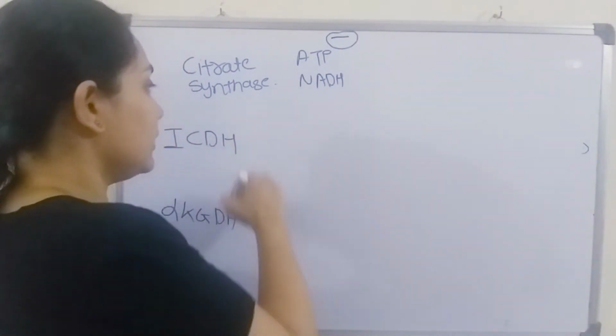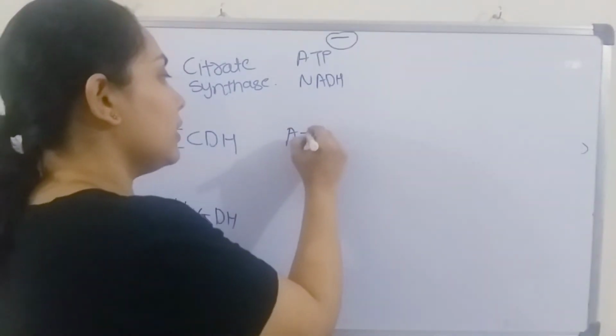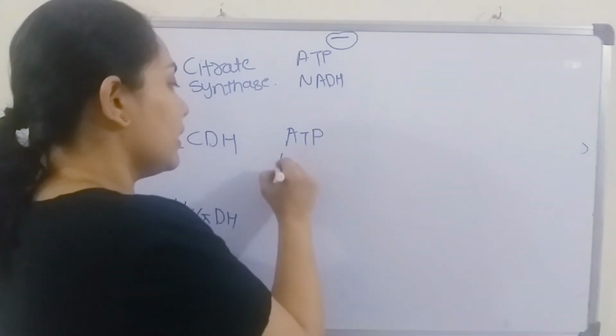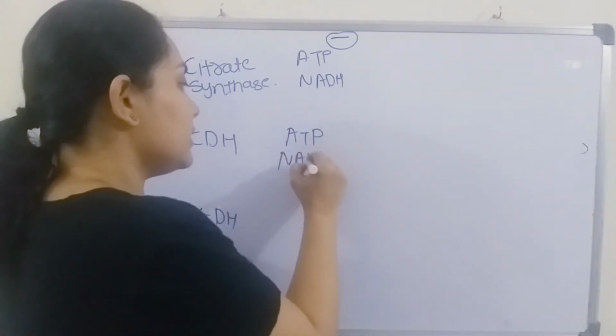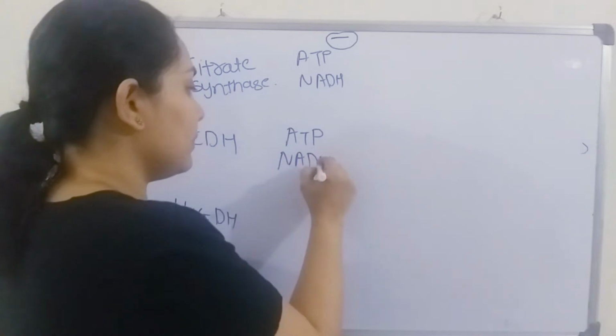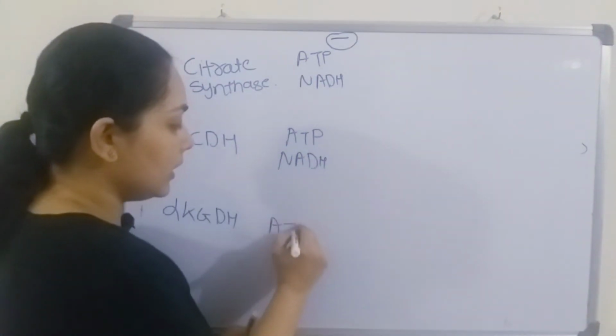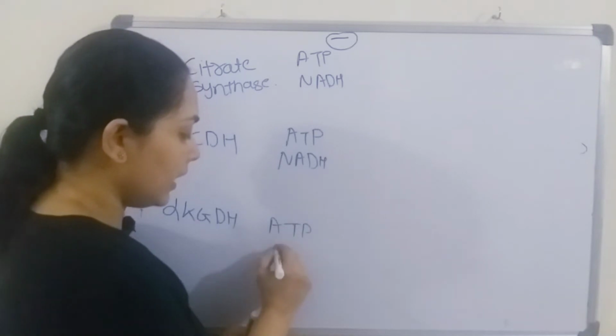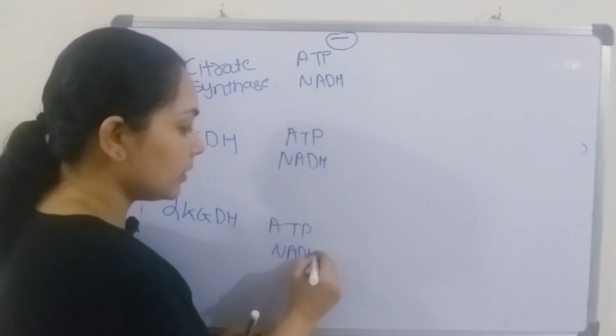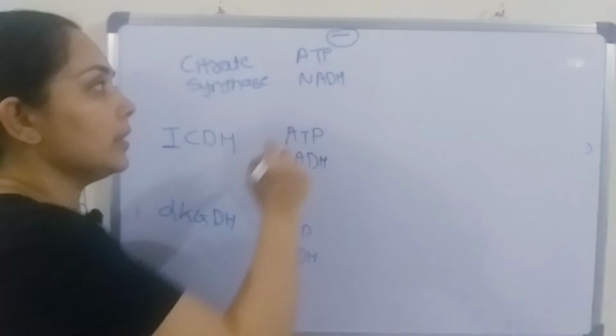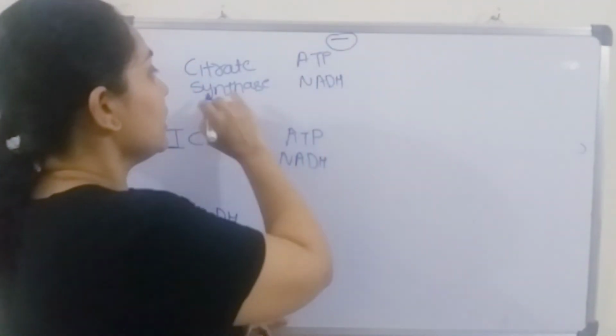So all the 3 enzymes will be negatively regulated by ATP and NADH if these compounds are present in a large concentration. These are negative regulators.